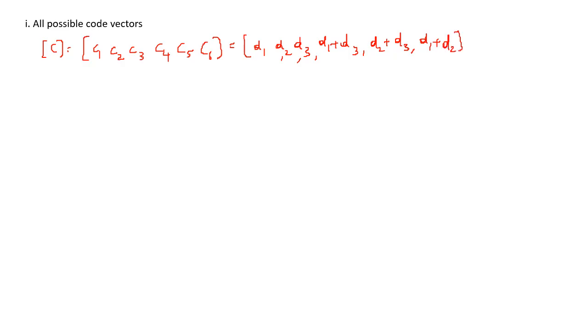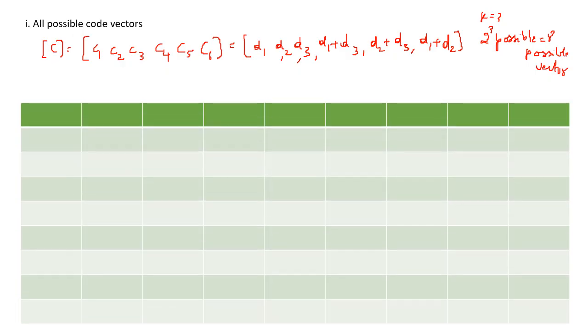With k equal to 3, we have 2 to the power of 3 possible combinations, which is 8 possible vectors. So we'll fill the table.